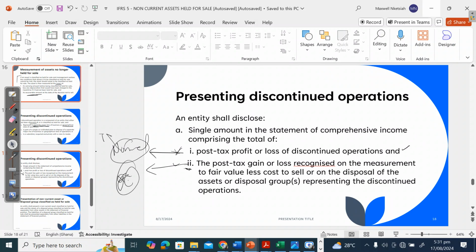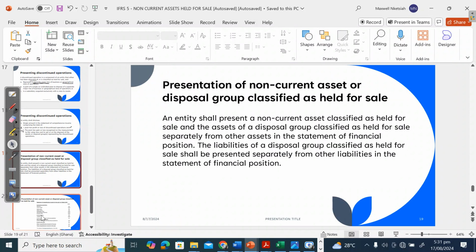Do you get it? So when you are discontinuing an operation, you have to account for the income and expenses during the period of operation, and then also if there was any sale of assets or anything like that, you also include it. So that is how it is.